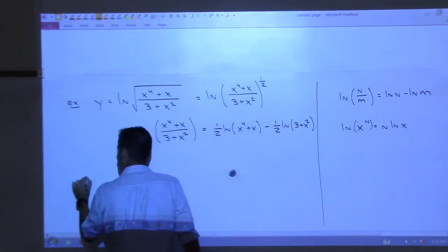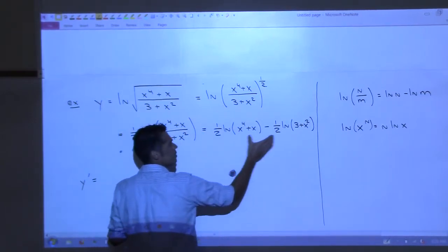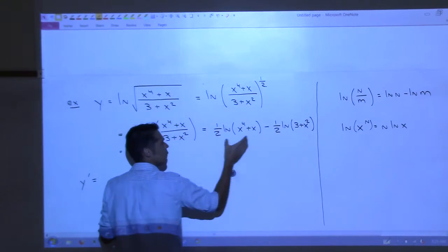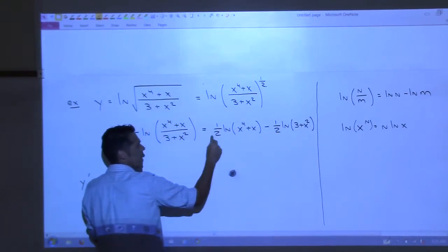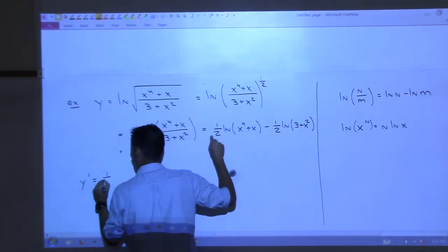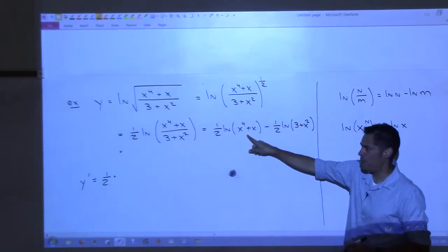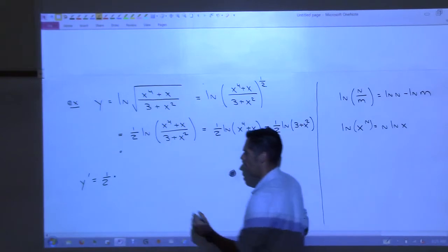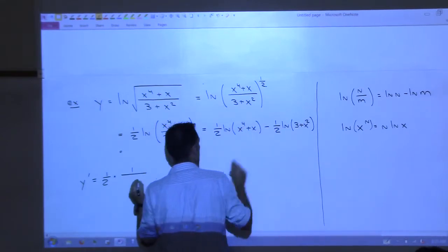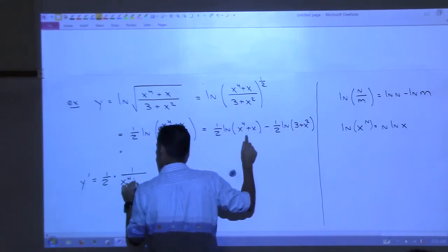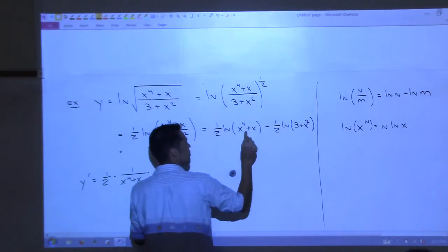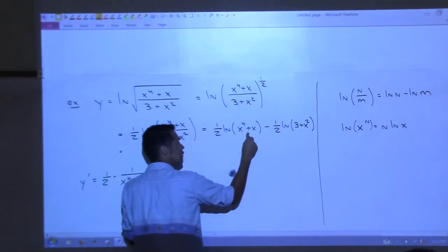The derivative of this. So we have two separate terms, so I'm going to do them separately. Derivative of this one, the 1/2 is going to come for the ride. And then what is the derivative of natural log of something? 1 over that something times, now chain rule, the derivative of what's in here.